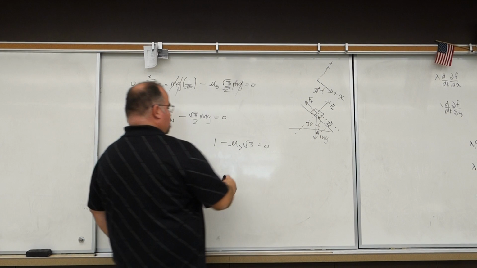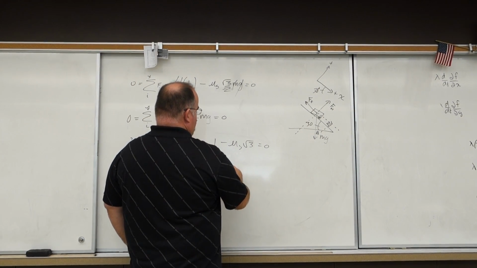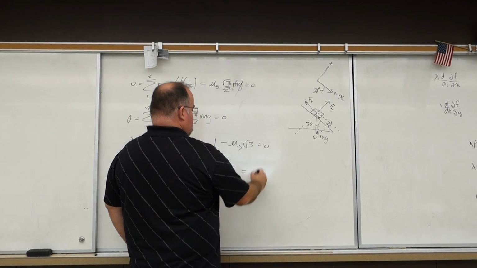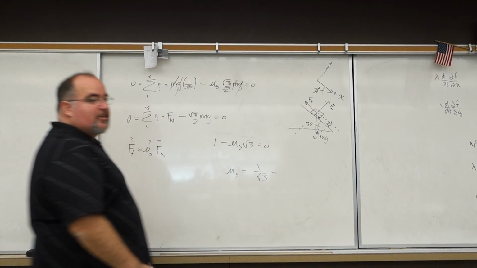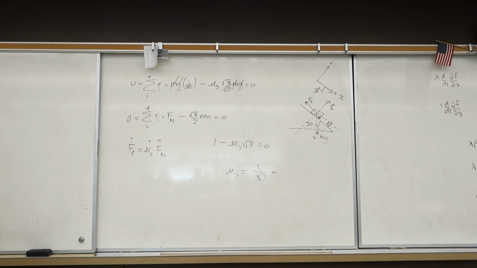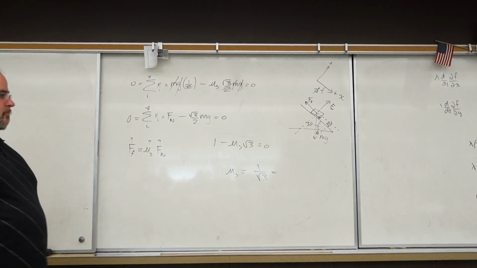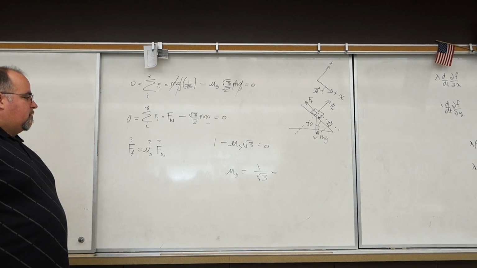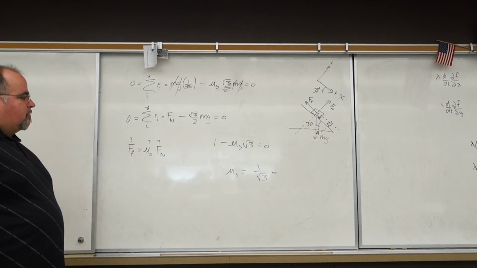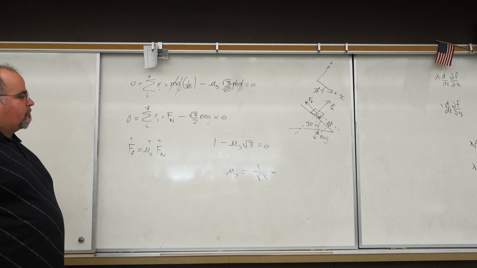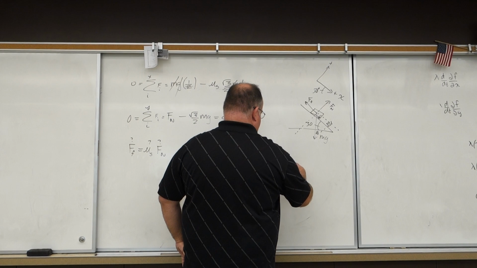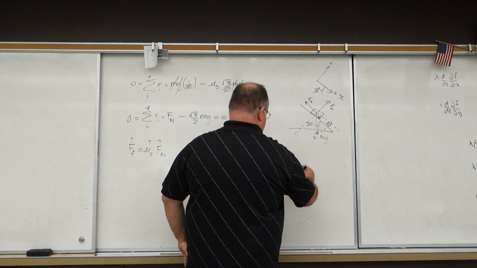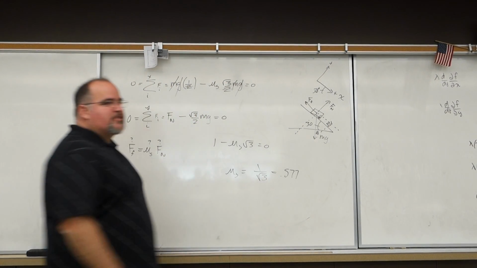That wasn't too bad, was it? So then mu sub s equals 1 over the root of 3. Can someone calculate that in their handy dandy calculator? 0.577. 0.57, that's some sticky stuff right there.